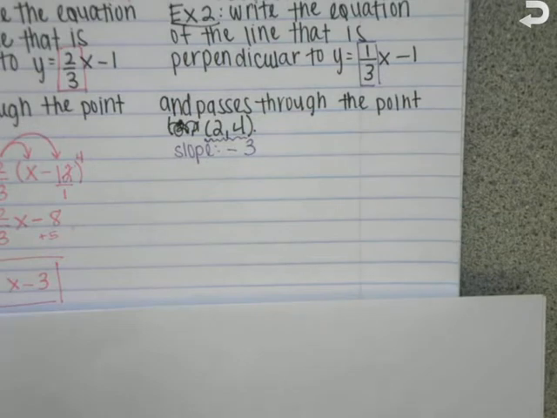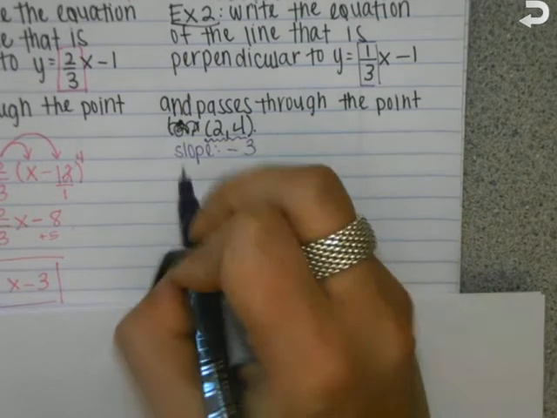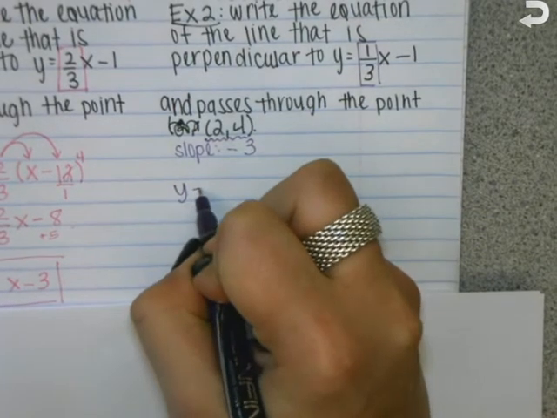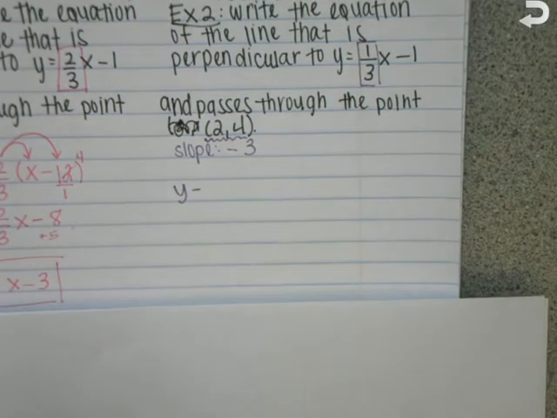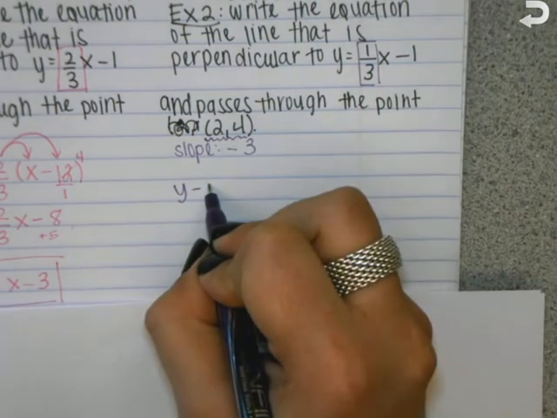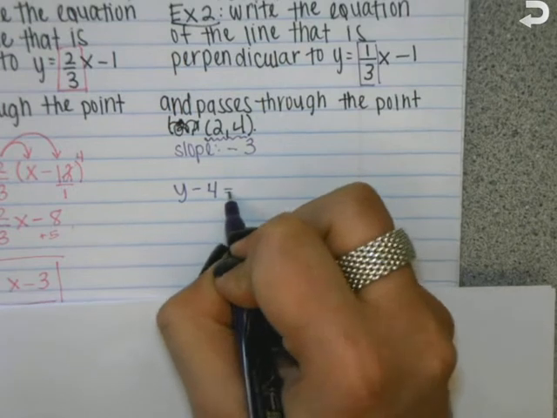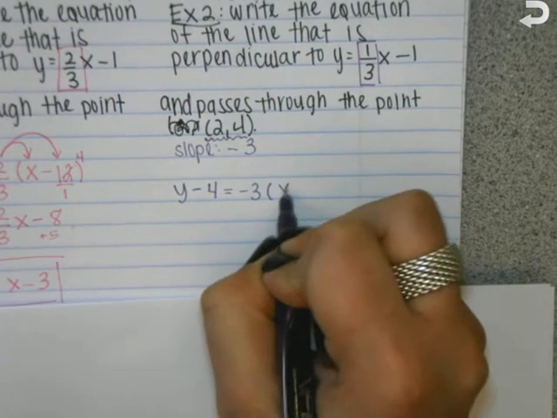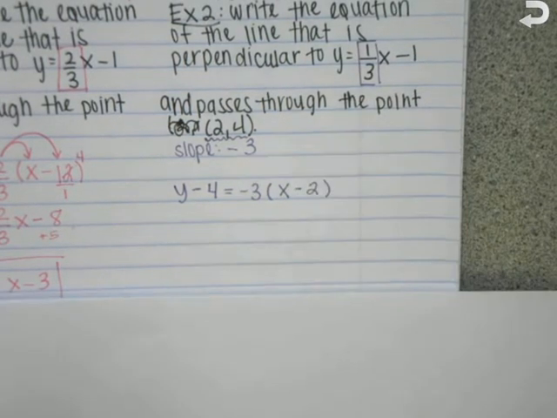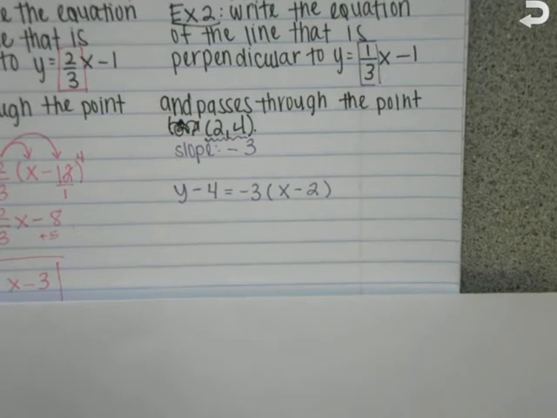And then we're going to do the exact same thing by plugging it into point slope form. So y minus the y coordinate, which is what? 4, equals -3 times x minus 2. And then I do want you to put this in slope-intercept form.